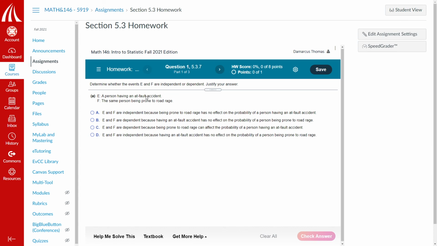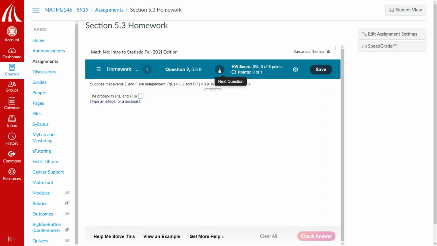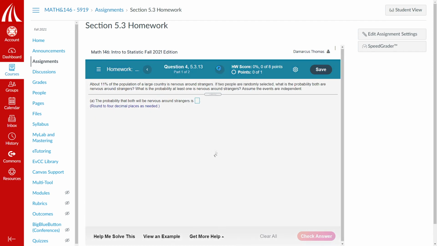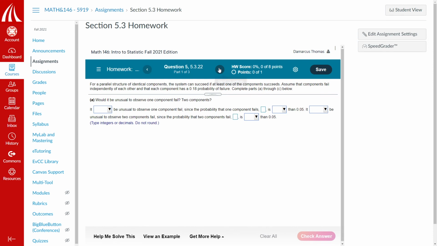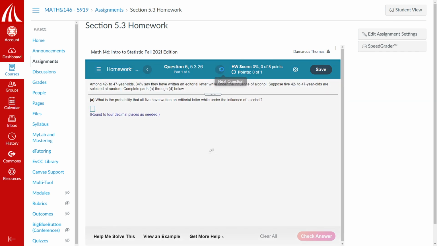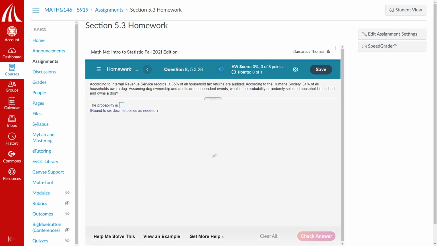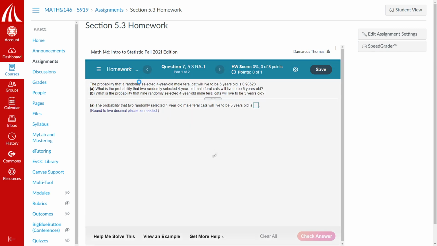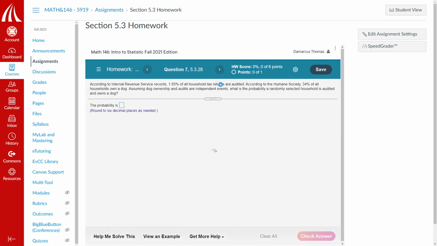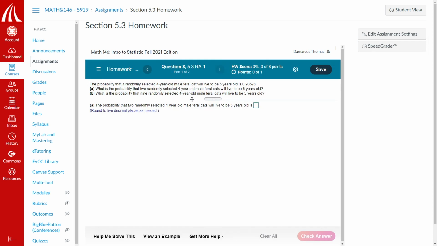There seems to be some sort of connection between these events, so I'm not convinced that they're completely independent of each other. I mean, just go through that. That's pretty straightforward. Nothing too tricky there. Let's go back here. Pretty straightforward here.